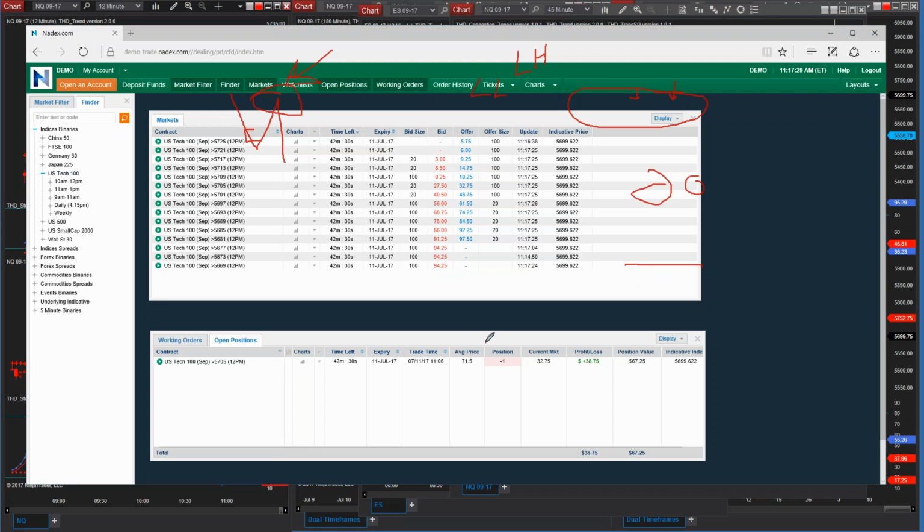You had a risk of about 29.50. You've made 38. I'm probably going to exit this pretty soon if I see that that ATR is not going to be broken.